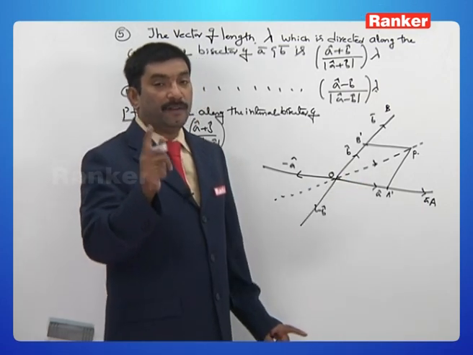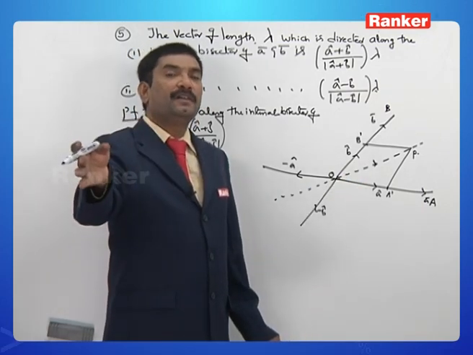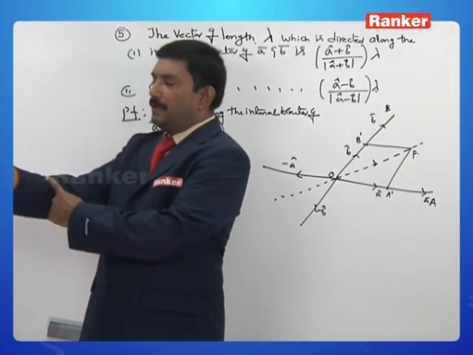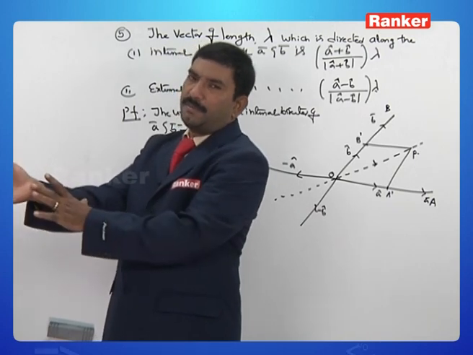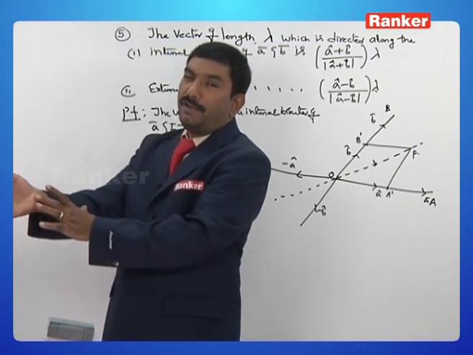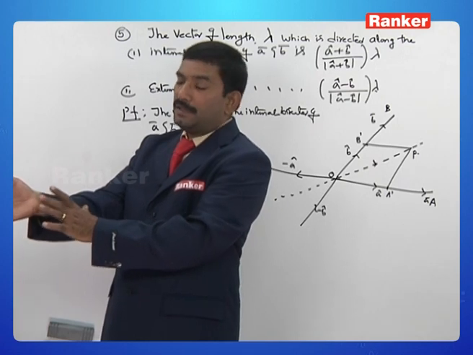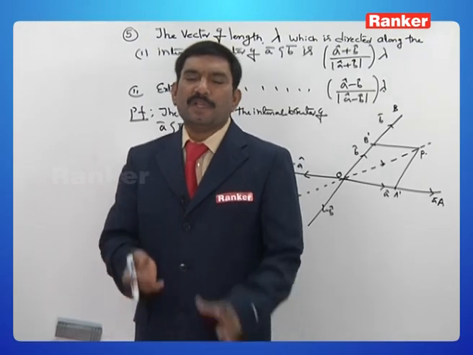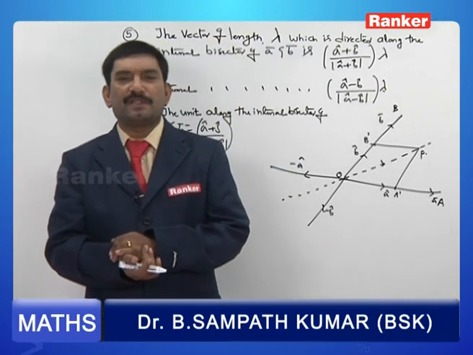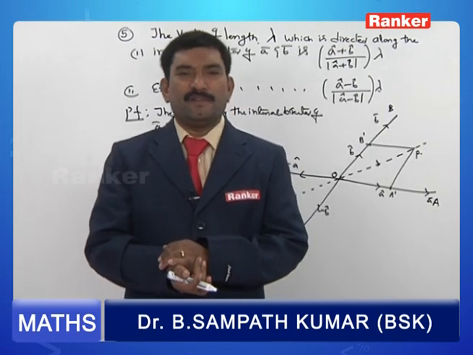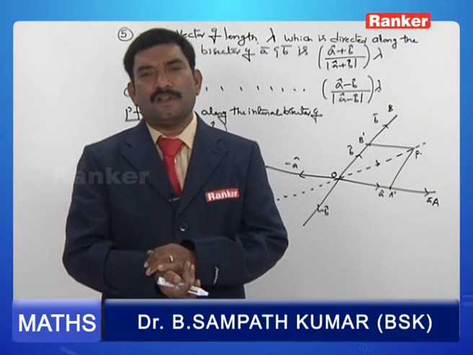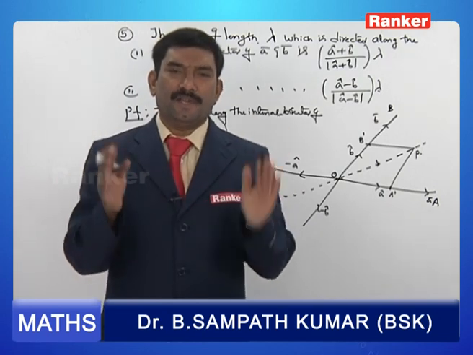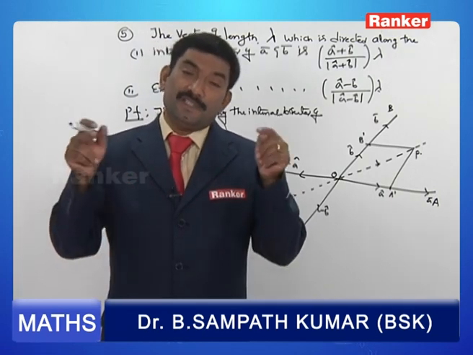I want a vector of length lambda. So therefore, now look here, if this is A bar, if this length is 1 unit, I want a vector of length 2 units. This length has to be multiplied 2 times. As you know already, scalar multiplication of a vector. A bar is a vector, lambda is a non-zero scalar. Lambda A bar is a scalar multiplication of a vector. So therefore, it's once again a vector.